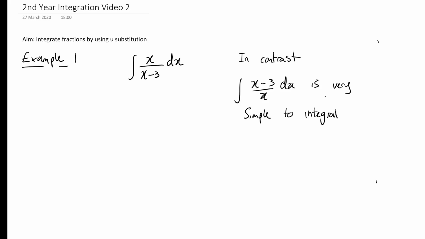This is only difficult to integrate because we have to deal with the denominator as a whole, and it is a little more complicated to do that than deal with a simple denominator. So, in contrast, x minus 3 over x dx is very simple to integrate, because we can break up the numerator in a way that we can't break up the denominator.